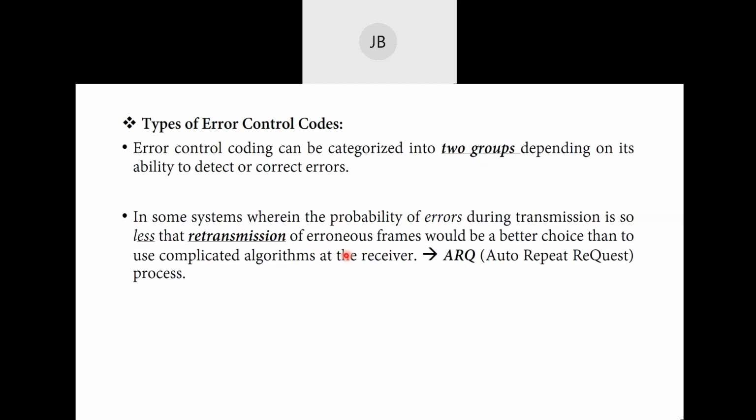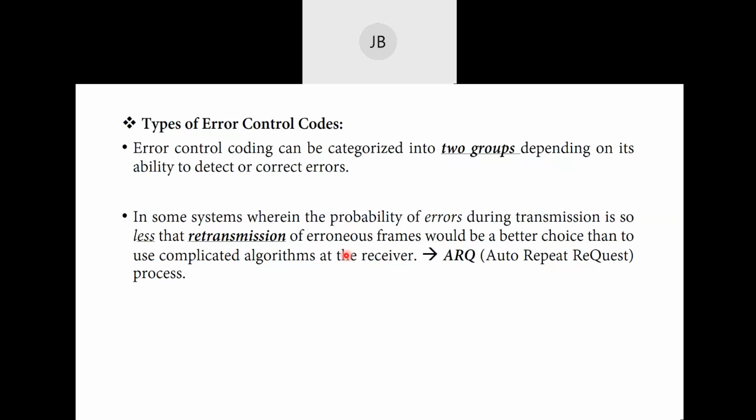For example, a transmitter sends some data to the receiver, and the chances of errors are very less. In that case, the receiver need not have all these complicated error control coding schemes. Instead, the receiver can just ask for retransmission of the data.